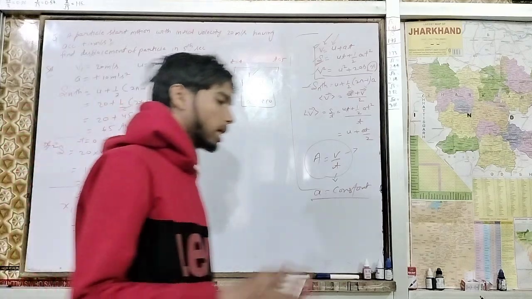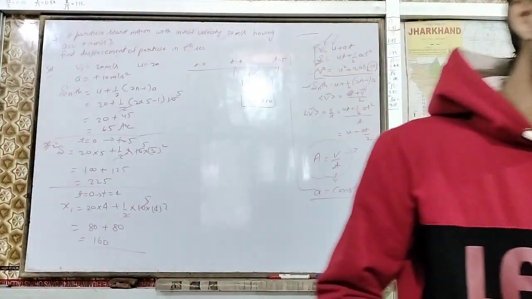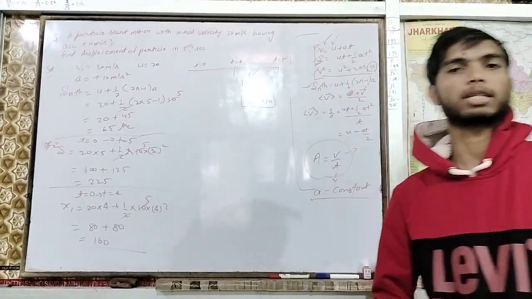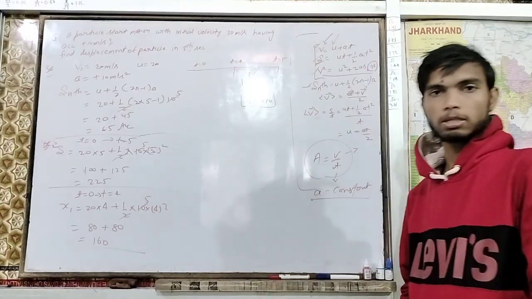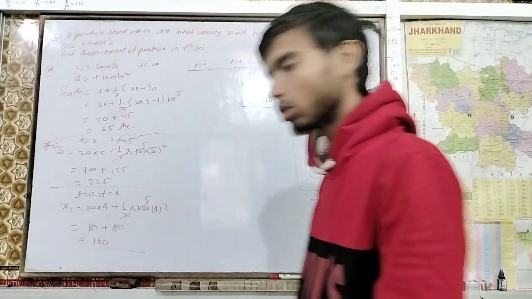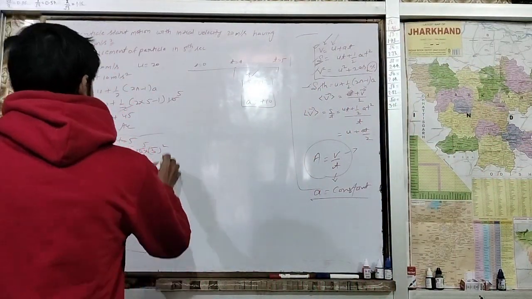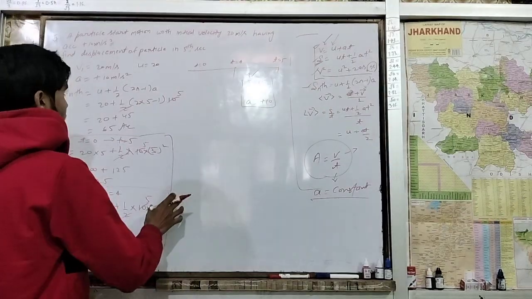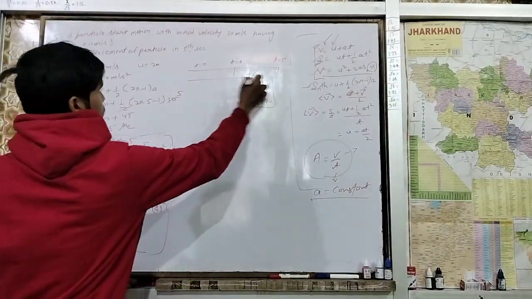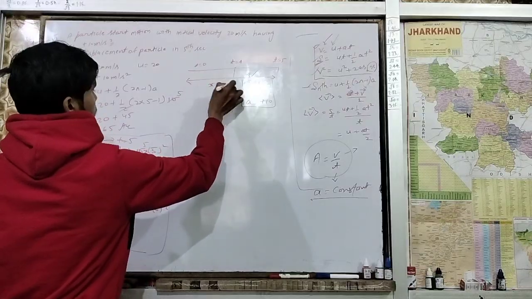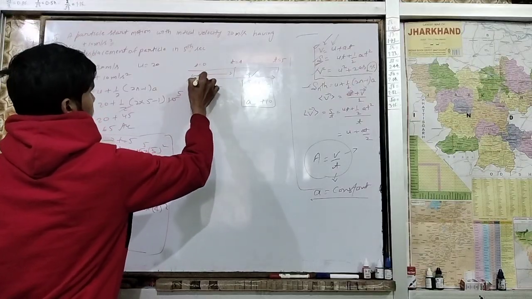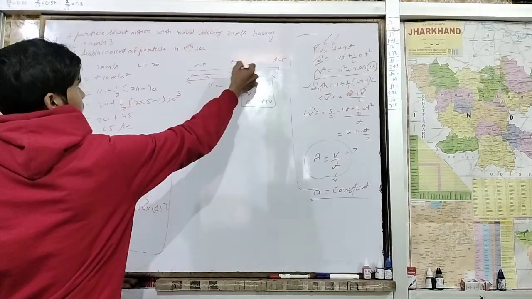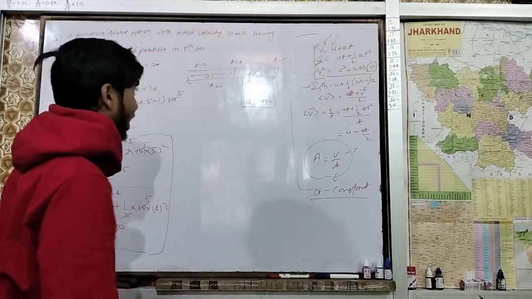We got x2 and x1. x2 is the displacement from 0 to 5 seconds and x1 is also a displacement, but the time is from 0 to 4. Both are not the same, both are different. Now when we subtract x1 from x2, we will get this empty area which we have to calculate.